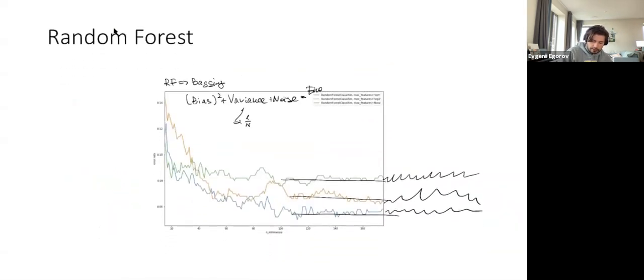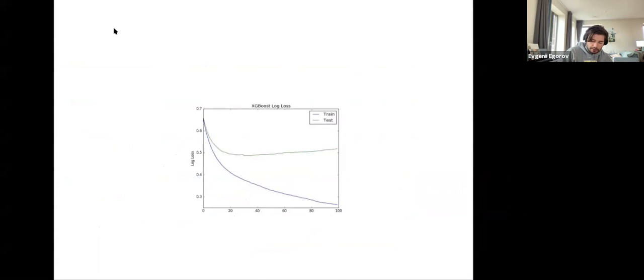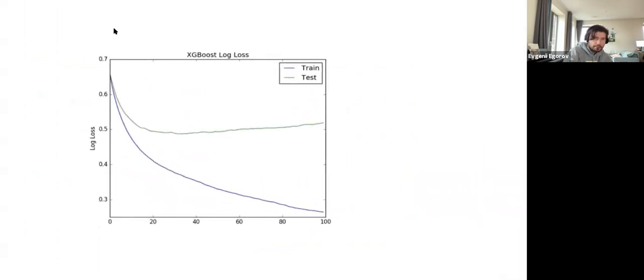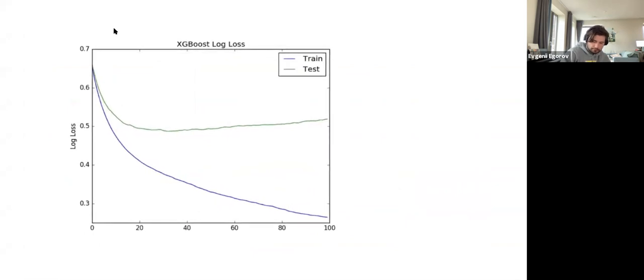Well, then let's see the same picture for boosting. What do we have? On train, the error can decrease rapidly with the number of estimators. And if we extend a bit, we can get perfectly to 0 here.